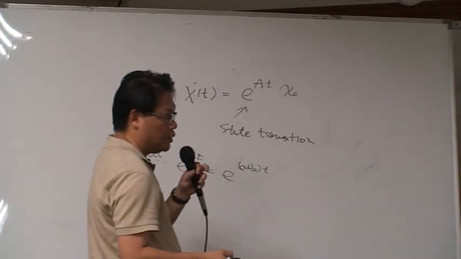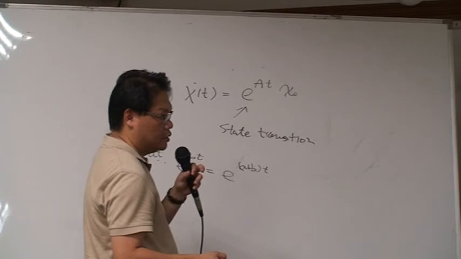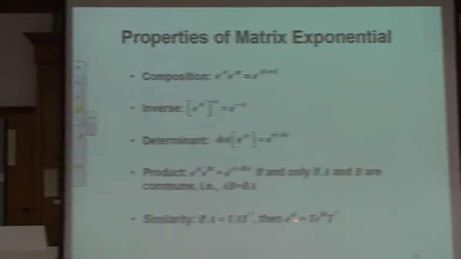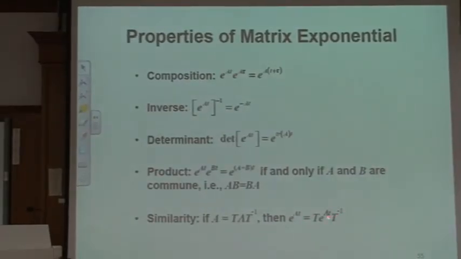Also, if A can be decomposed by eigenvalue decomposition into three matrices, then the exponential matrix can be calculated from the original matrix the same way, multiplied on both sides by T and T inverse. Pretty much the same.